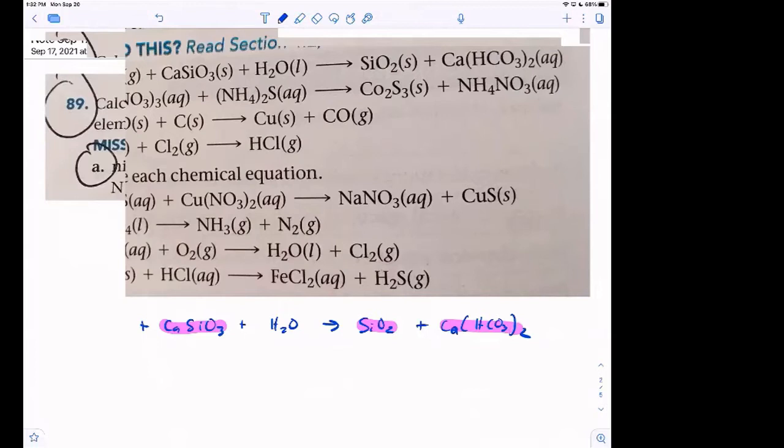So I know also by ratios, there's going to be a 2 here. I can even kind of lock this in. I can lock in a 2-to-1 ratio between carbon dioxide and one of calcium silicate, silicon dioxide, and calcium bicarbonate. So I can lock that in.